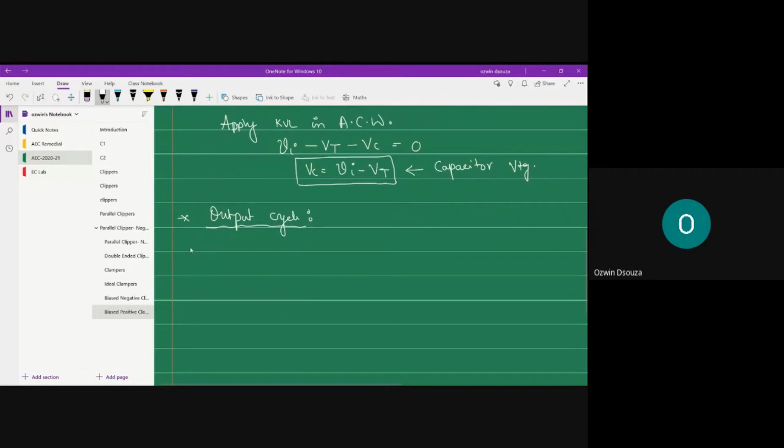In order to find a cycle of output, you consider a positive half cycle of the input and a negative half cycle of the input. So first let me consider the positive half cycle of the input. Quickly let me draw the circuit.